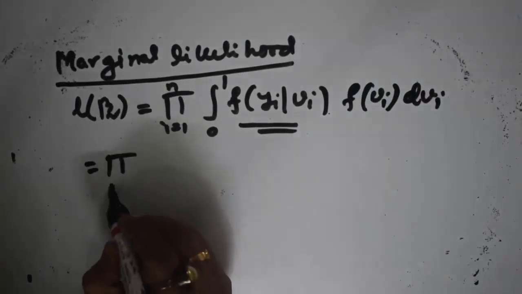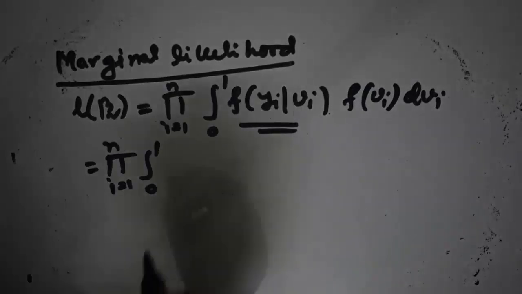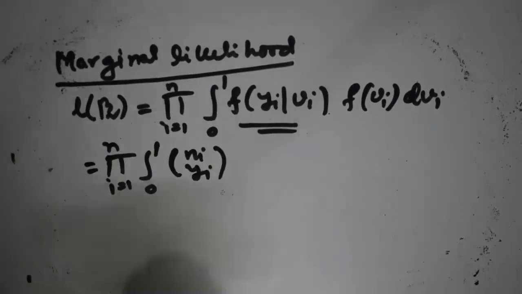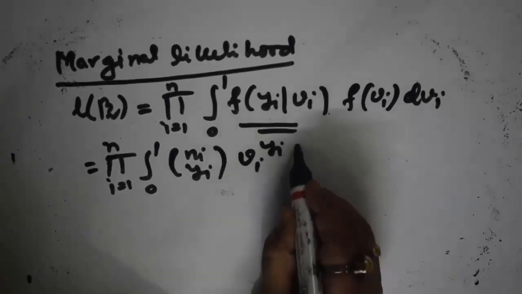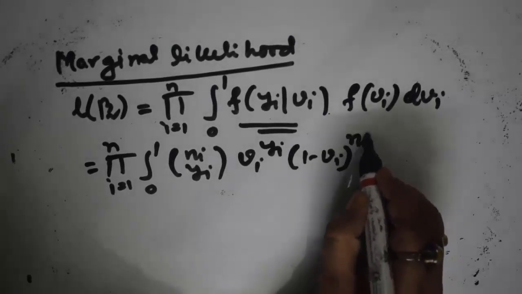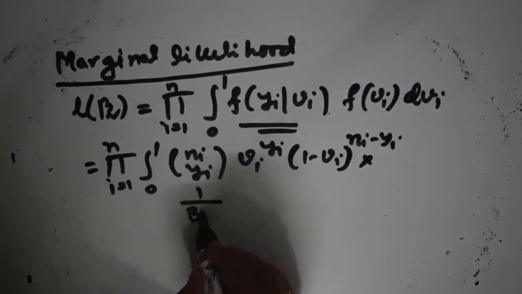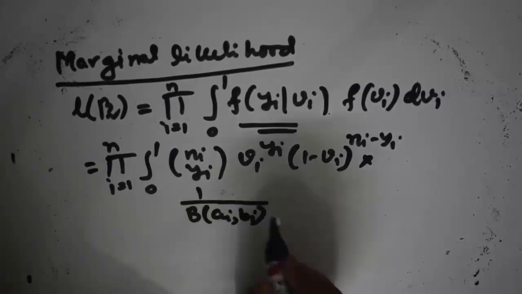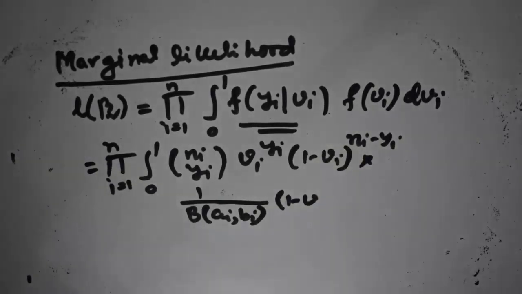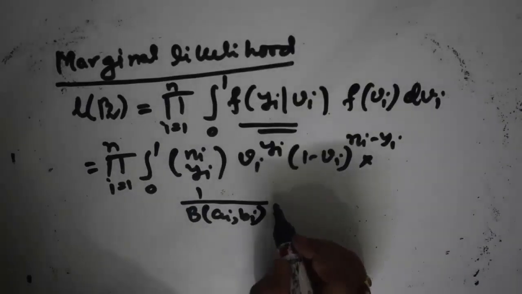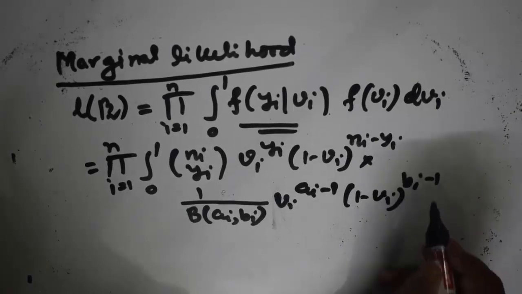So this is equal to product over i from 1 to small n, integral 0 to 1 of ni choose yi, vi to the power yi, 1 minus vi to the power ni minus yi, into 1 by beta ai comma bi, into vi to the power ai minus 1, 1 minus vi to the power bi minus 1, dvi.